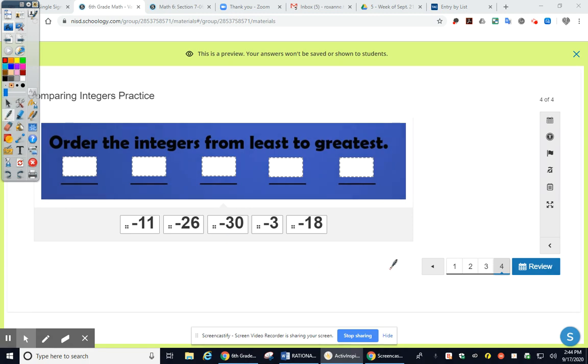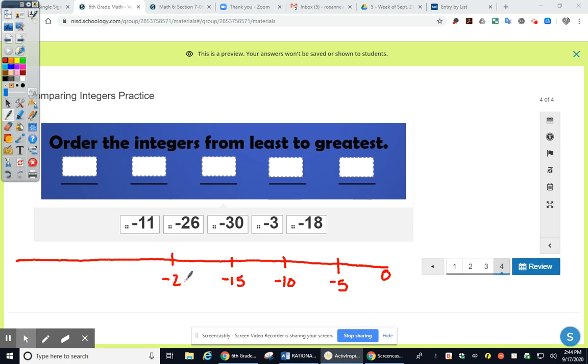If I were to start with 0 and I keep on going down the number line, we know here, let's say this would be negative 5, negative 10, negative 15, negative 20, negative 25, negative 30.